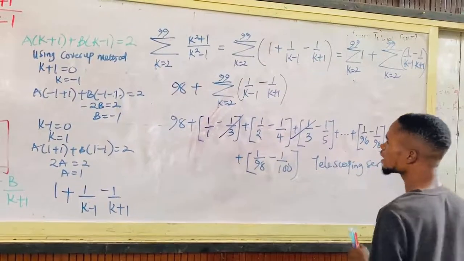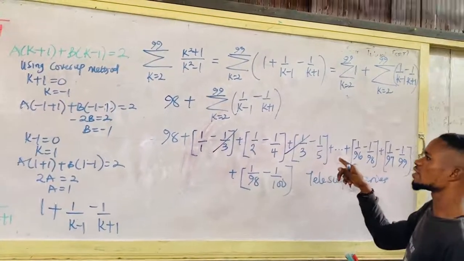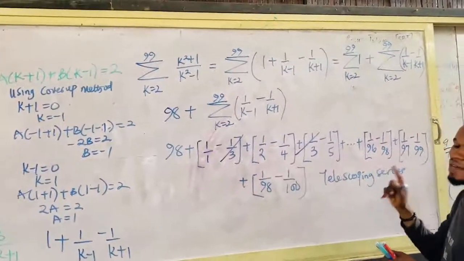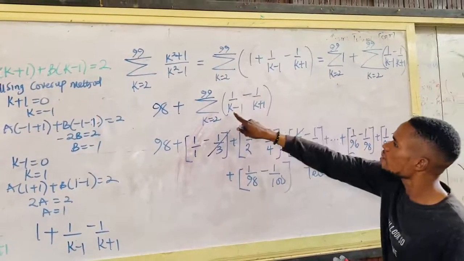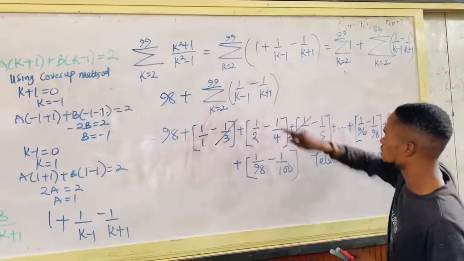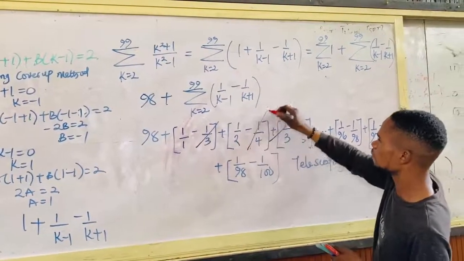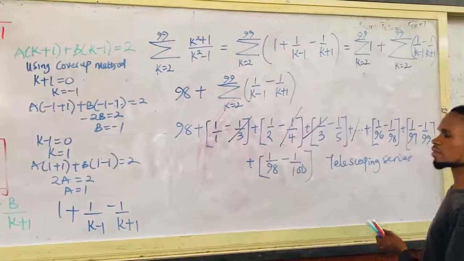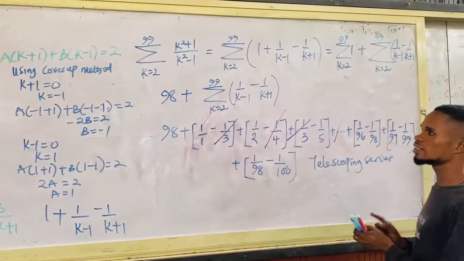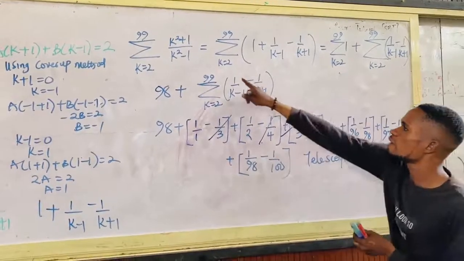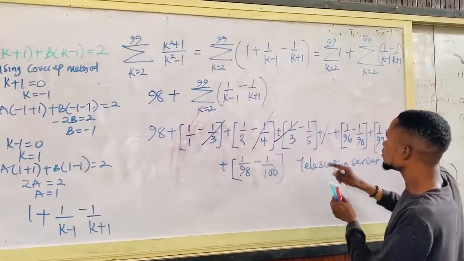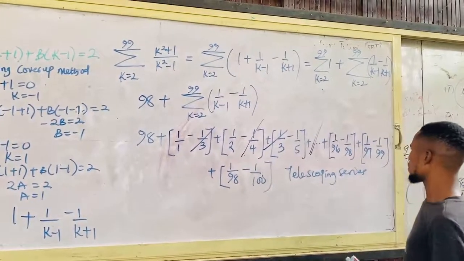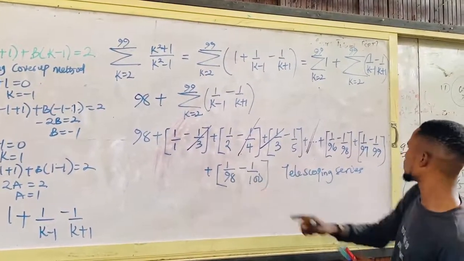If I take k as 5, that will be 1 over 4 minus 1 over 6. So the minus 1 over 4 will kill the 1 over 4 here. Also, if I take k as 6, that will be 1 over 5 minus 1 over 7. That means this minus 1 over 5 kills the plus 1 over 5. Now look at this: 1 over 98 and minus 1 over 98.